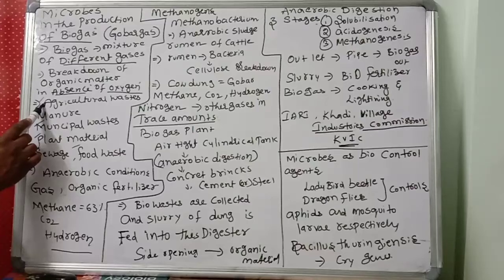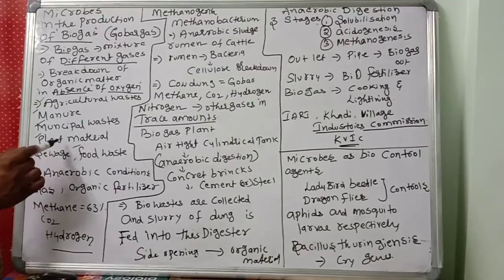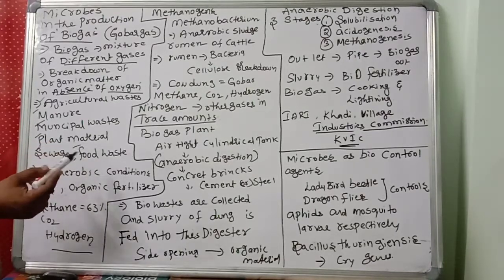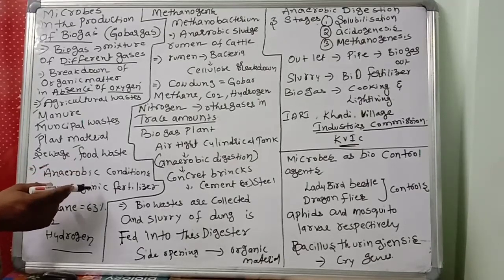Once again: agriculture waste, manure, municipal waste, plant waste material, sewage, food waste. All these materials will be digested by the bacteria. Under which condition? Anaerobic conditions.